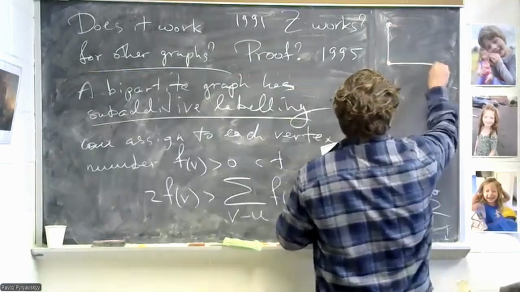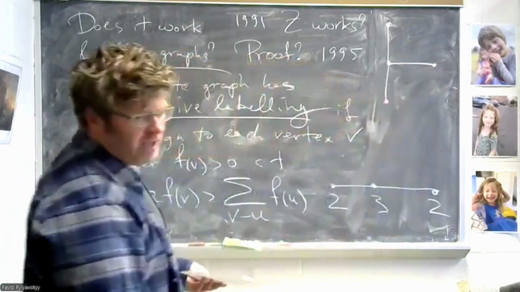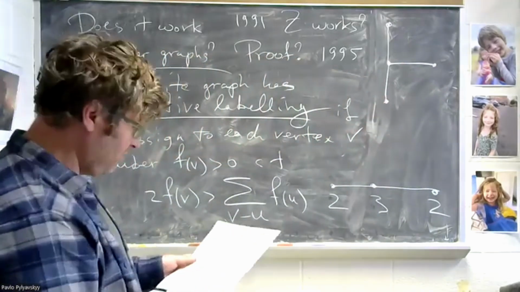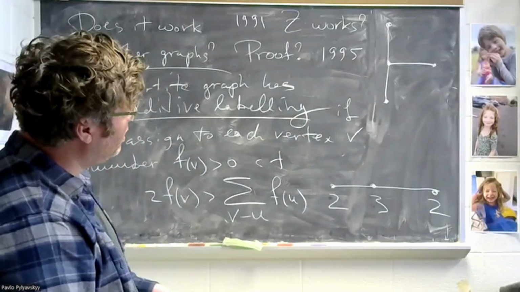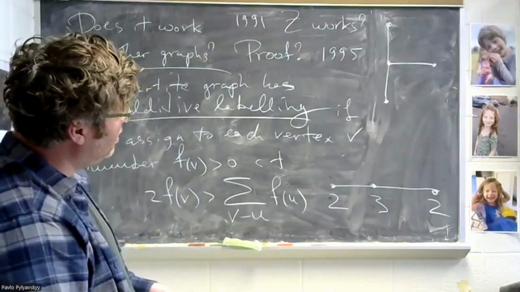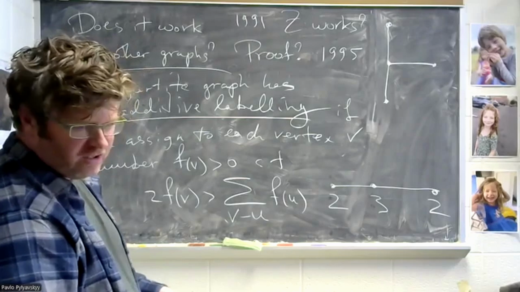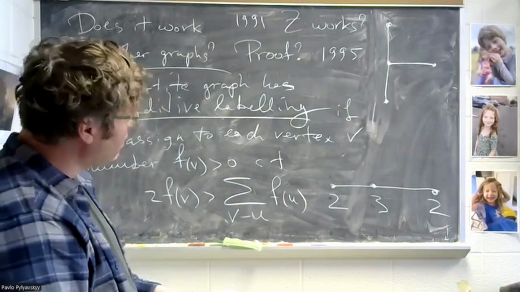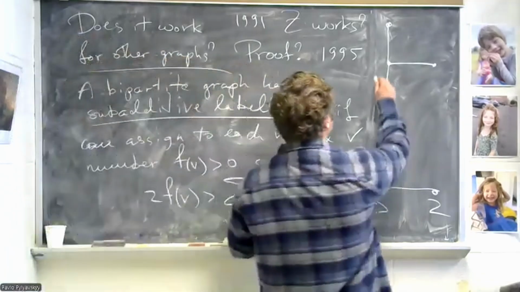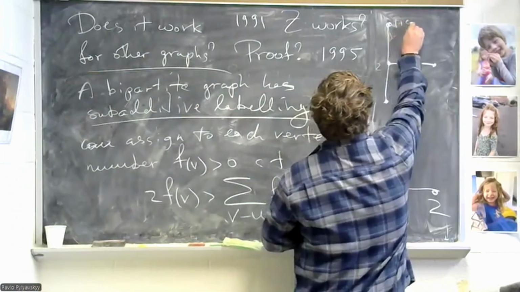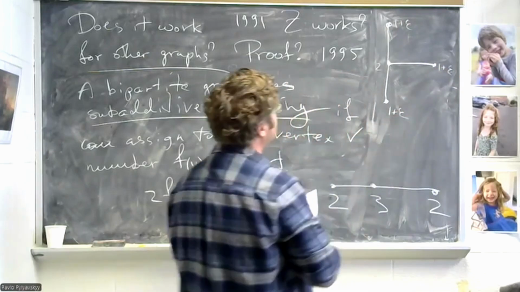Okay, so I claim it exists for this graph. Can somebody tell me a subadditive labeling for this graph? We can take 2 and then 1 plus epsilon for some small epsilon. Like this, 1 plus epsilon, 1 plus epsilon, 1 plus epsilon.